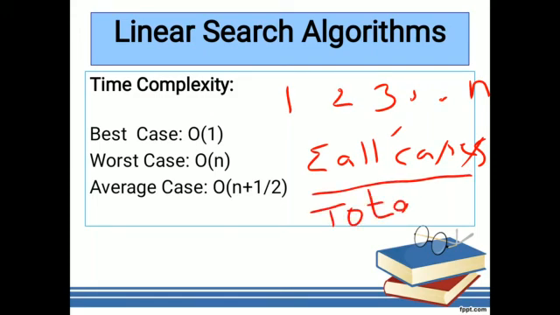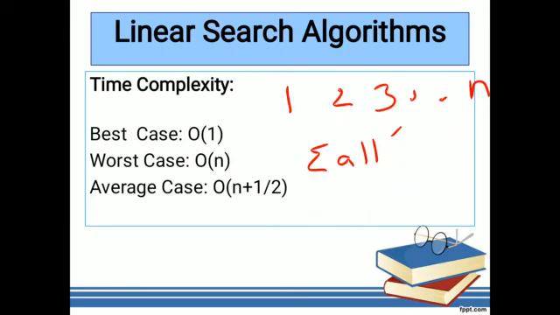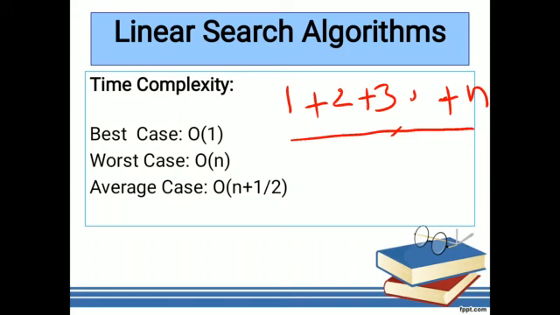Here, using this formula, the sum of all cases: the element found at 1 takes 1 step, the element found at 2 needs 2 steps, and 3, like that up to n. So the sum of all cases is 1 plus 2 plus 3 and so on up to n, divided by the total number of cases, which is n.